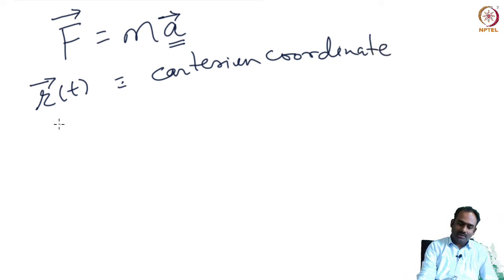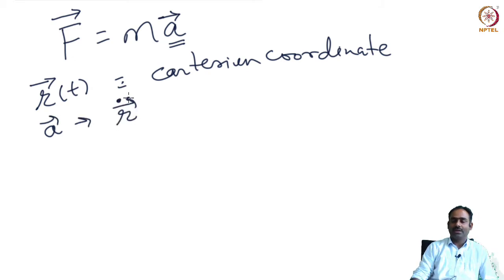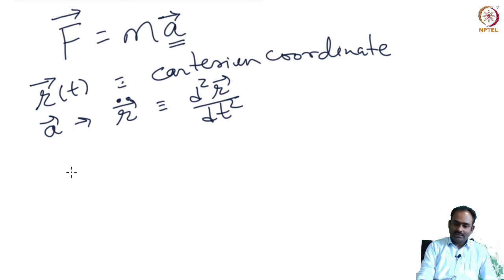And instead of writing A, I will write r double dot. These two dots signify that I am taking a second derivative with respect to time. So with this, I can write r double dot as force over mass.